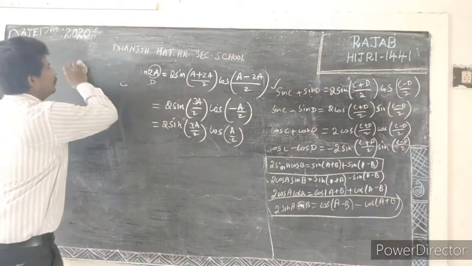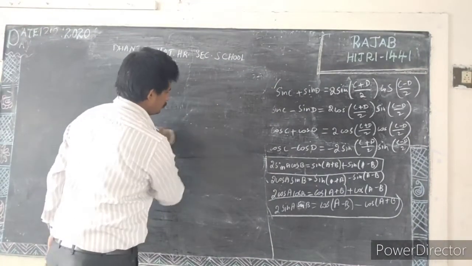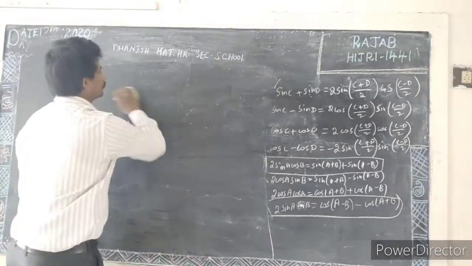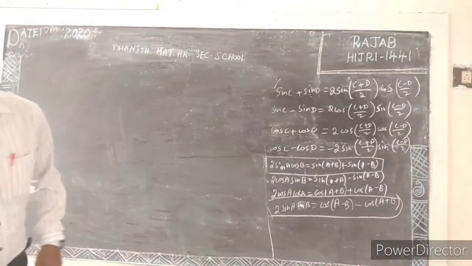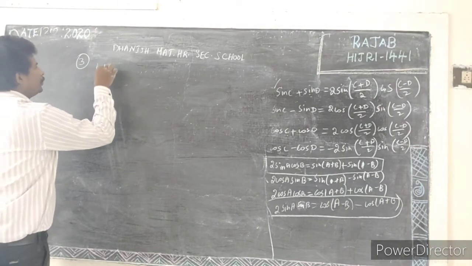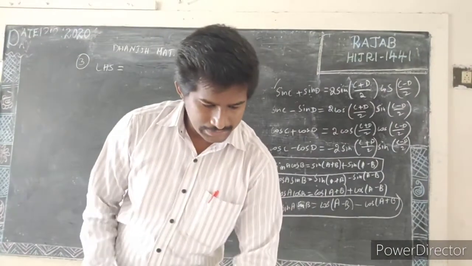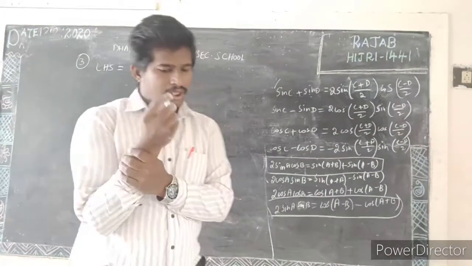So first I am going to take LHS. What's our LHS? Cos 20, cos 40, cos 80.